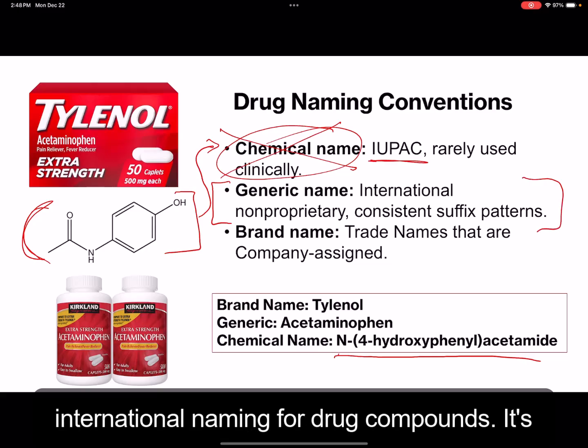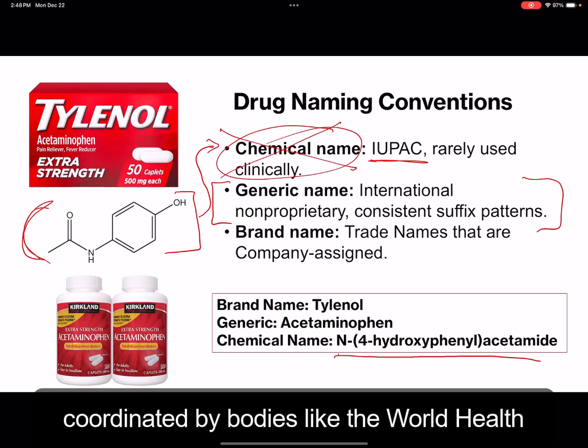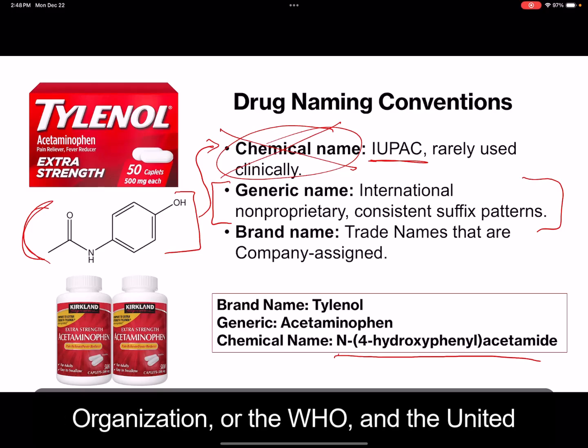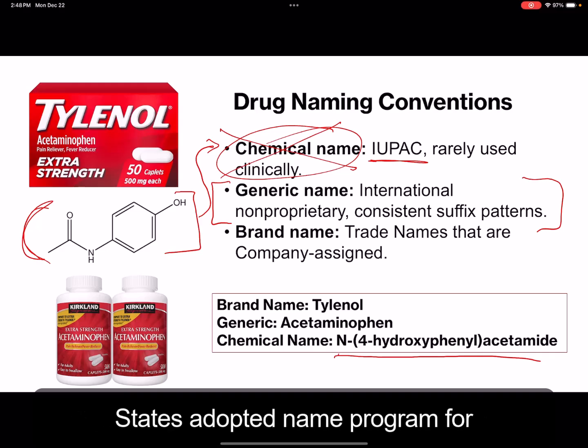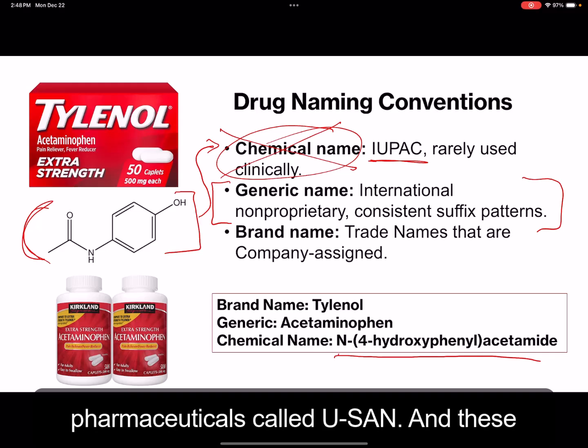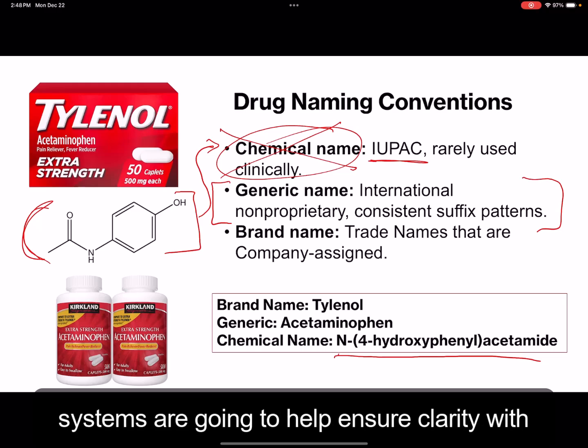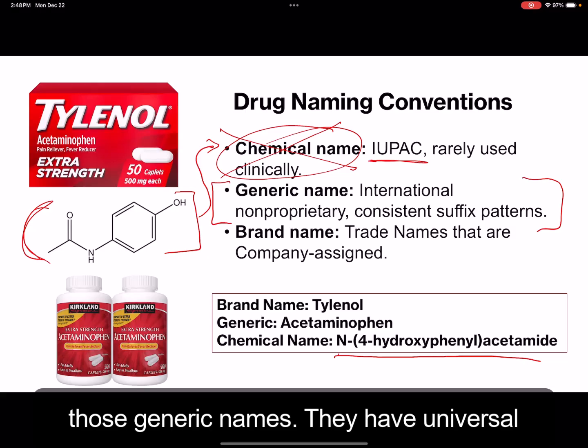This is international naming for drug compounds. It's coordinated by bodies like the World Health Organization, or the WHO, and the United States Adopted Name Program for Pharmaceuticals called USAN. And these systems are going to help ensure clarity with those generic names.